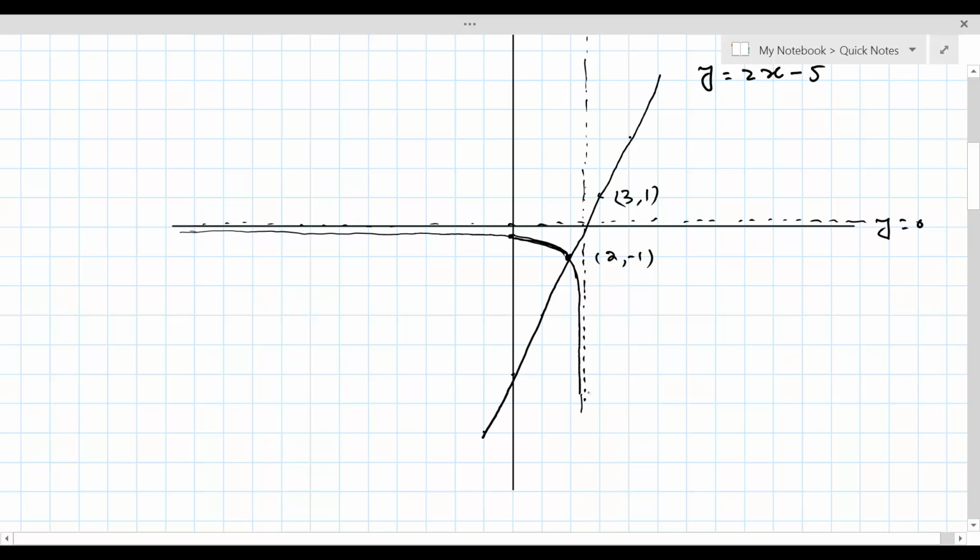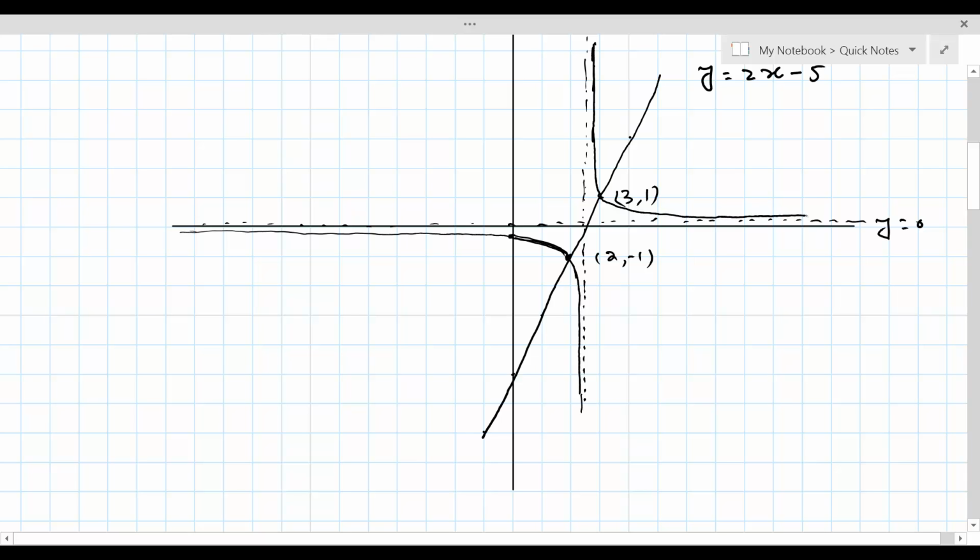Similarly, on the other side, this graph is going along this line x equal to 2.5, and at some point has to cross this invariant point and then travel along the second asymptote.